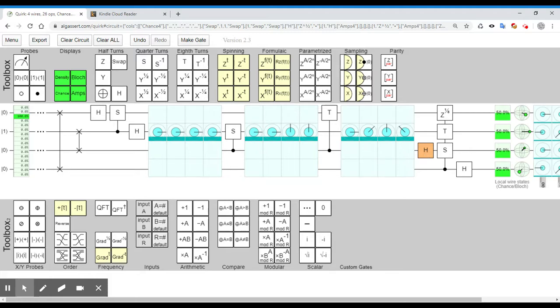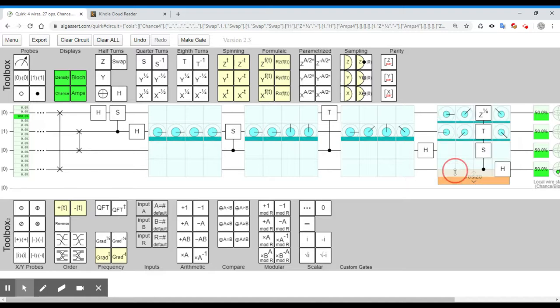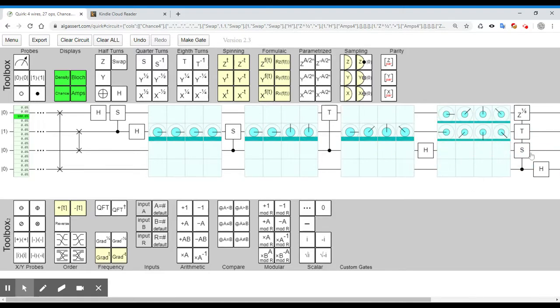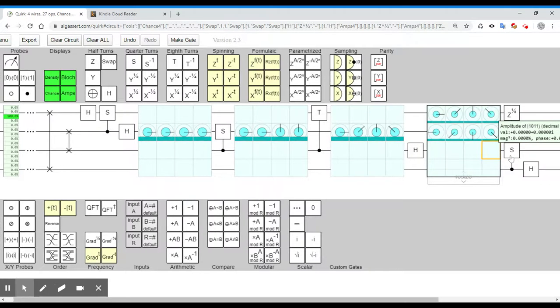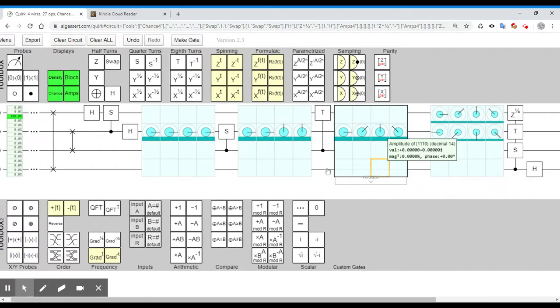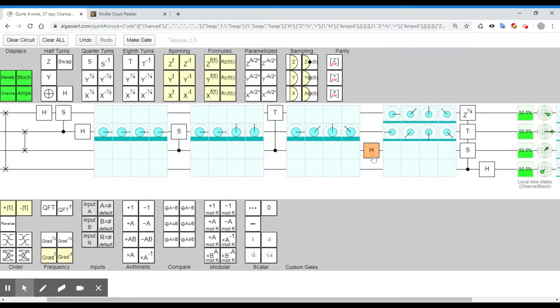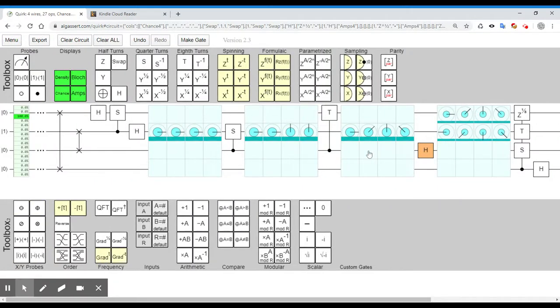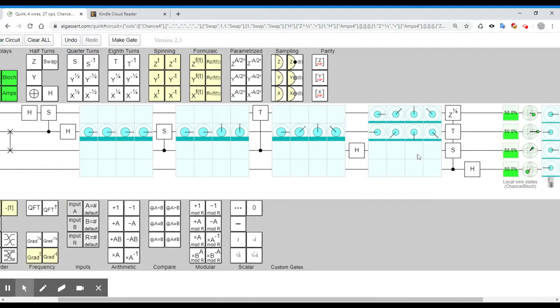Now we're adding a Hadamard in here. And so what this does is it basically widens our superposition. But because this wire is a 1, that's the interesting thing.